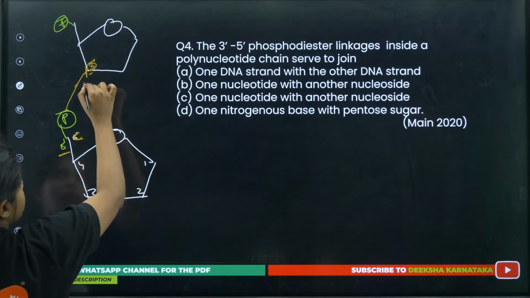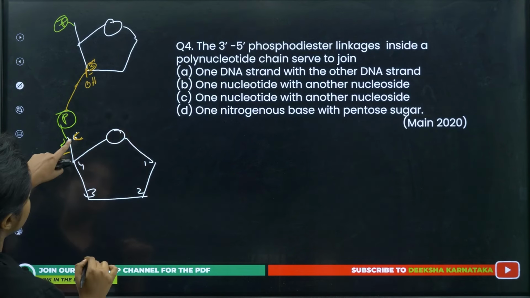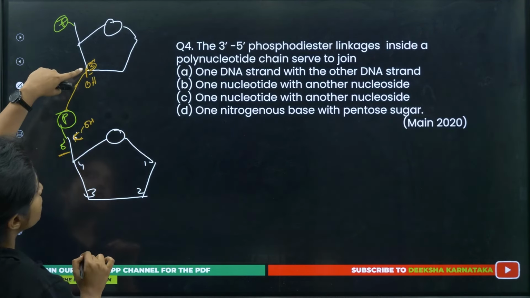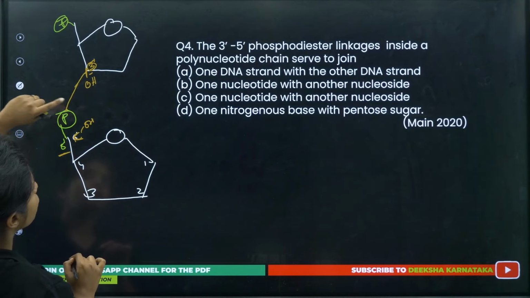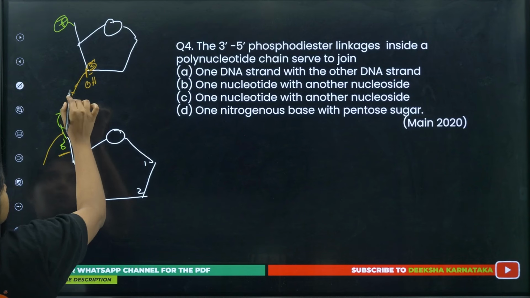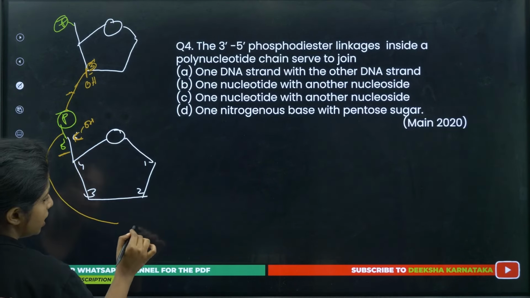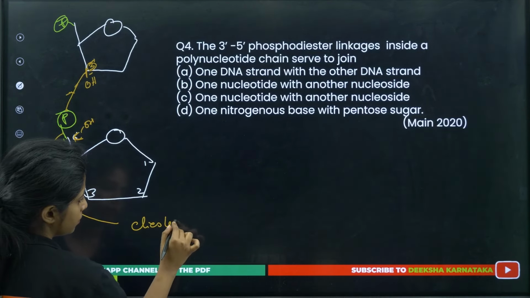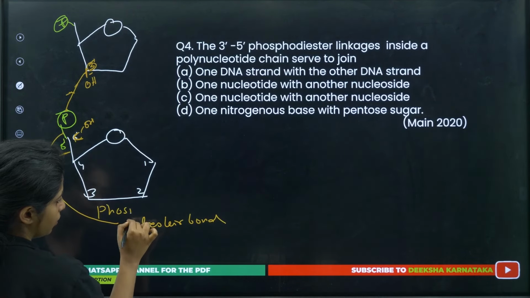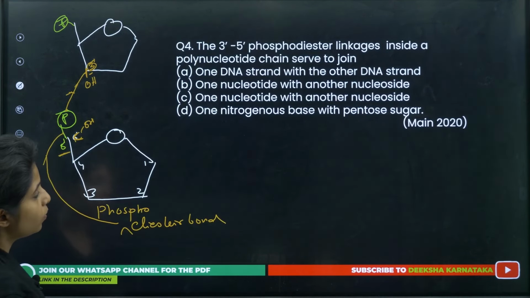Over here the 3' has an OH group through which it is attached. So basically this C also has an OH group onto which the phosphate is attached. Similarly, here also an OH group is there onto which the phosphate is attached, which is why this is one ester bond, this is a second ester bond, and together you call it a diester bond. But since phosphate is also involved, I call it a phosphodiester bond.